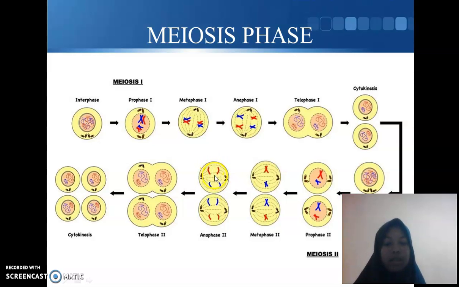The cell membrane begins to constrict. Telophase 2 is complete. There are now 4 cells, each with half the number of chromosomes of the parent cell.